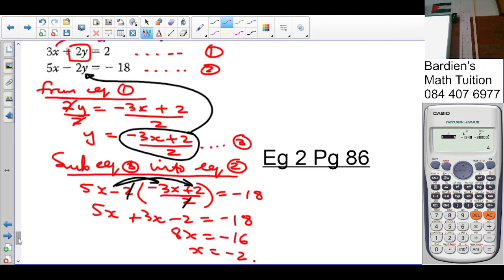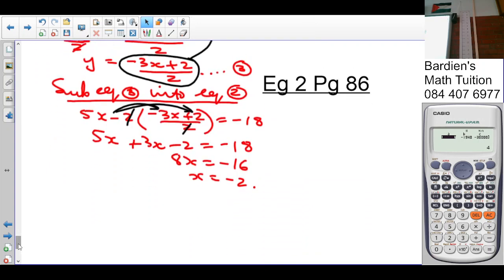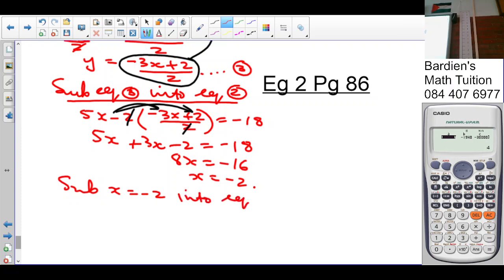Have we done the job? No. They asked you to calculate x and y. So what do I do now? When you substitute x is equal to negative 2 into equation 3.